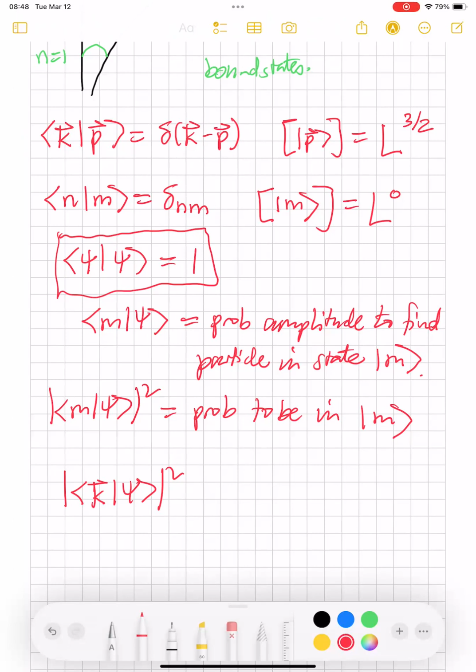It has dimension of L to the 3 over 2. So the square of this thing has got dimensions of length cubed. What this is, is a probability density. So density is the important word there.